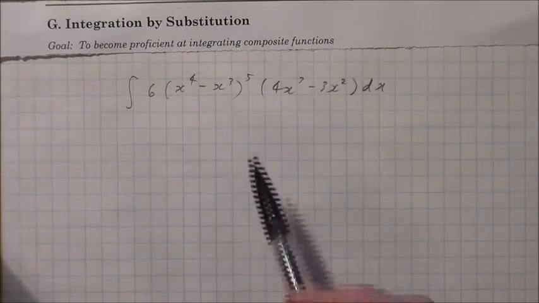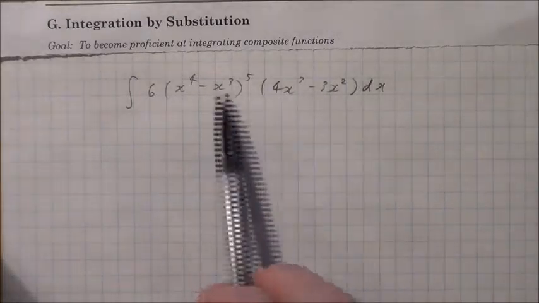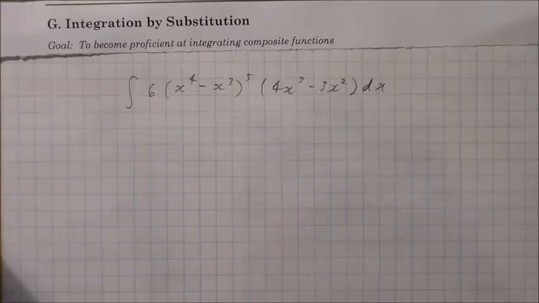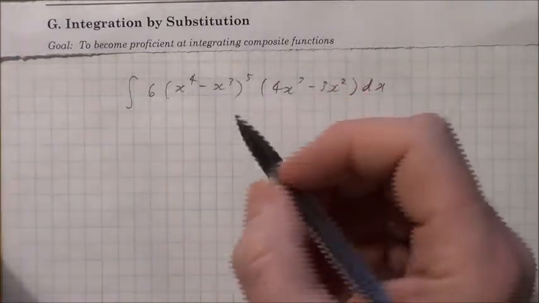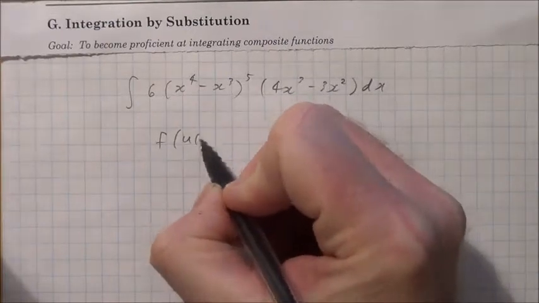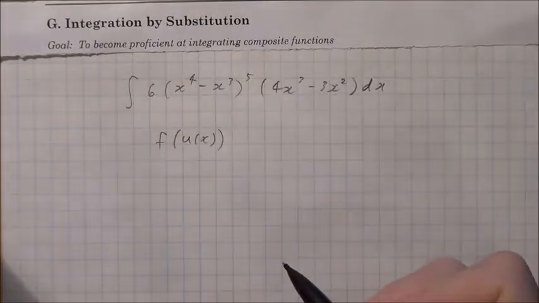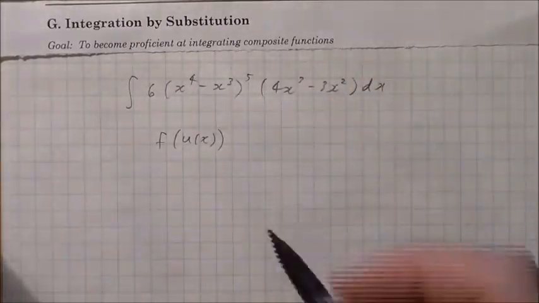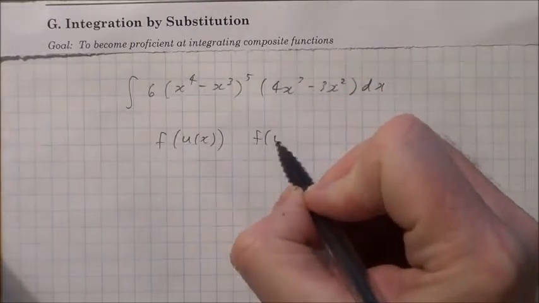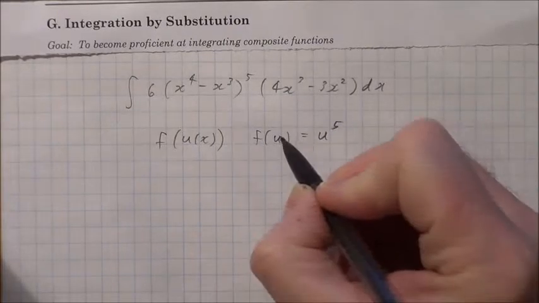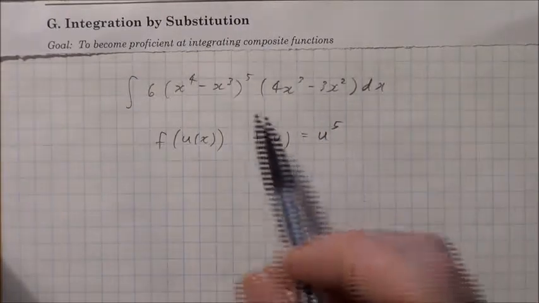So basically what happens is we're integrating a product of two functions. The first function has the form f of u of x. In this case, we can say that f of u is u to the power 5.